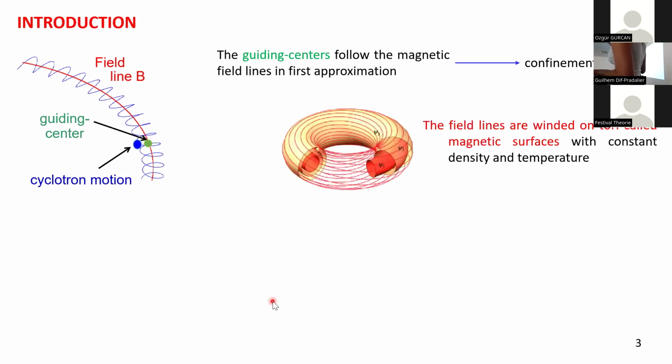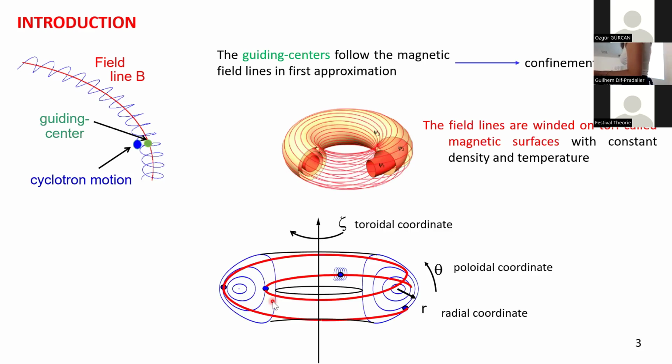Magnetic field lines are wound on tori called magnetic surfaces, with constant density and temperature, nested one in another. To describe the tokamak we use the usual toroidal coordinates: the poloidal coordinate is the one circling around the cross-section of the torus, and the radial coordinate labels the magnetic surfaces, all nested one in another.